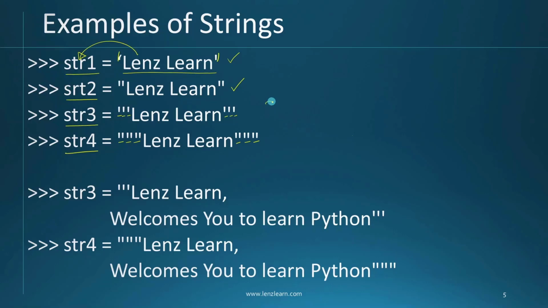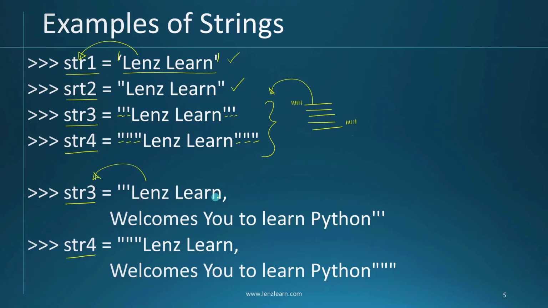Now we use the last 2 types of string input when we have to enter multiple lines as input. So if I have 5 sentences and you have to convert these entire 5 sentences into a string, then you can give 3 double quotes and end it with 3 double quotes. So this entire 5 lines of characters will be taken as a string. We can see the next 2 examples, str3 and str4. We copy 2 lines of characters into this variable, right?